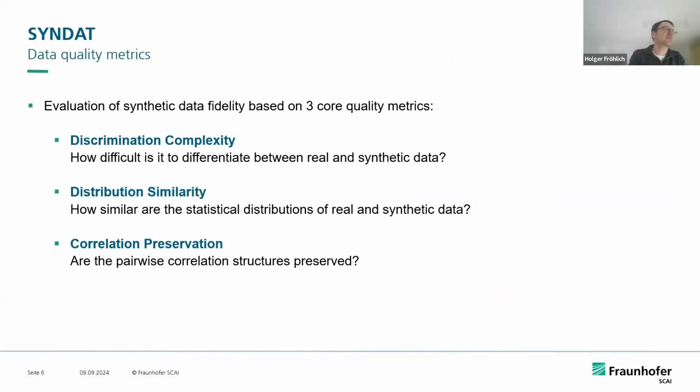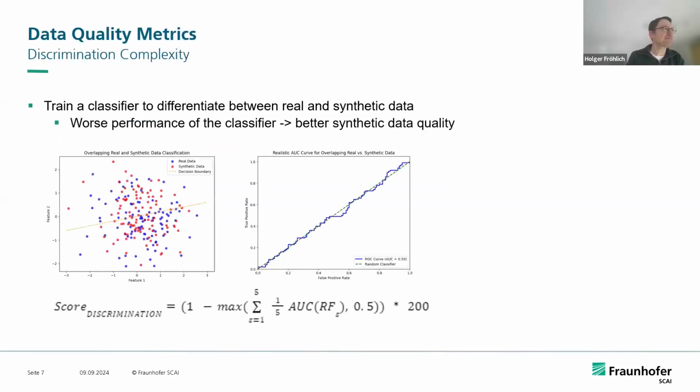Then there's the question of how similar the statistical distributions of the real and synthetic data are on individual variable levels, which we call distribution similarity. And the third aspect is the correlation structure. How well is this preserved between real and synthetic data?